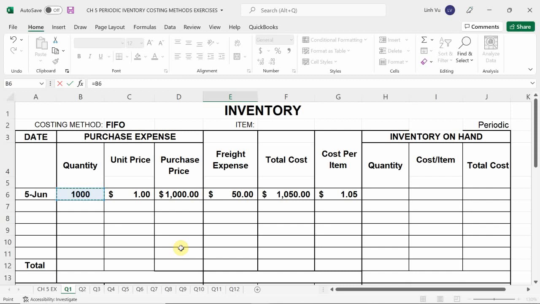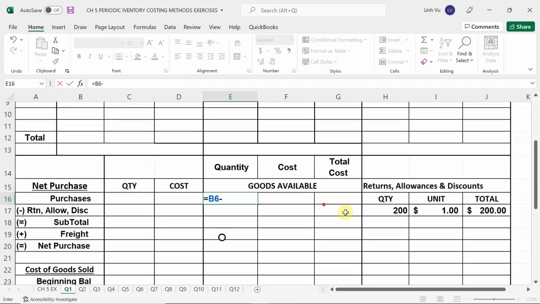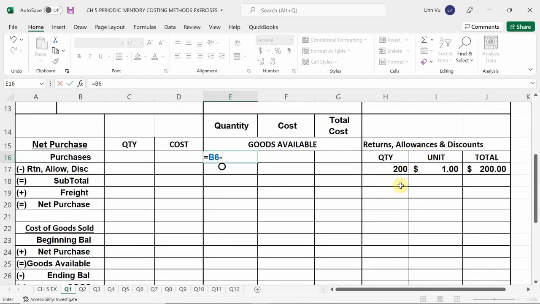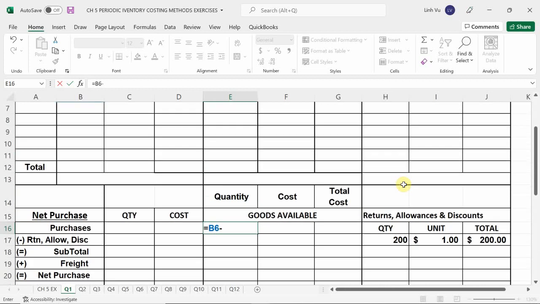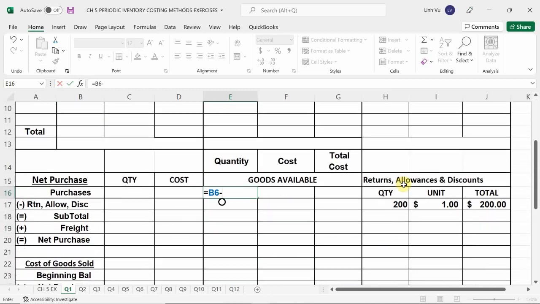No. Why no? Because I returned 200 of them. If I return 200 of them, then what's left in my inventory? 800. You have 800 units left.